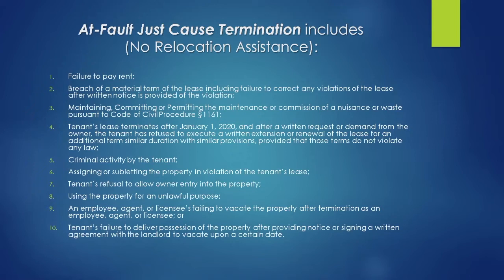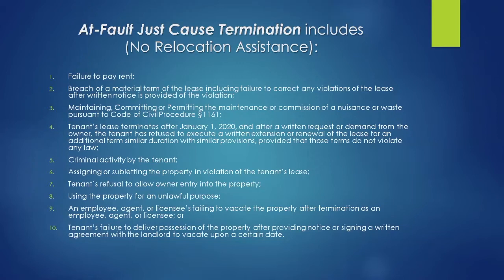Using the property for an unlawful purpose, an employee, agent, or licensee failing to vacate the property after termination as an employee, agent, or licensee, or the tenant's failure to deliver possession of the property after providing notice or signing a written agreement with the landlord to vacate upon a certain date.